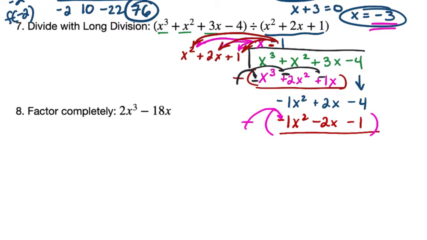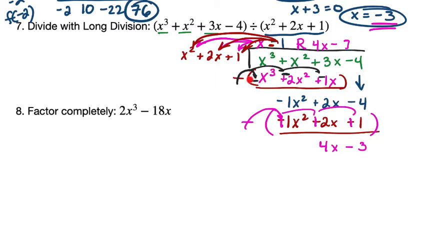Distributing makes that plus, plus, plus. And we add vertically. 1 plus 1, negative 1 plus 1 is 0. 2 plus 2, 4x. Negative 4 plus 1 is negative 3. That's your remainder. I can't divide x squared into x.